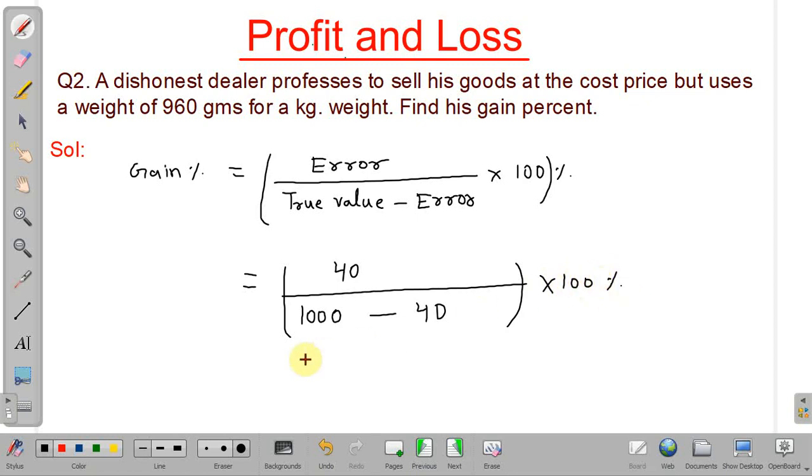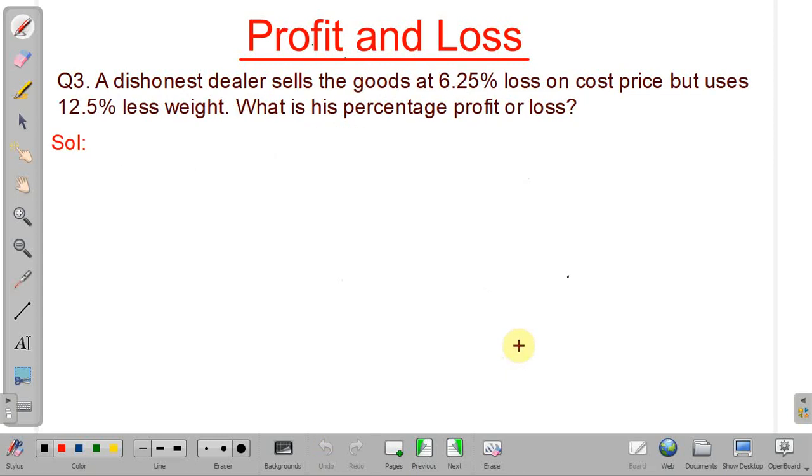So this will be 40 by 960 into 100 percentage, and it can be expressed as 41 by 6 percentage.